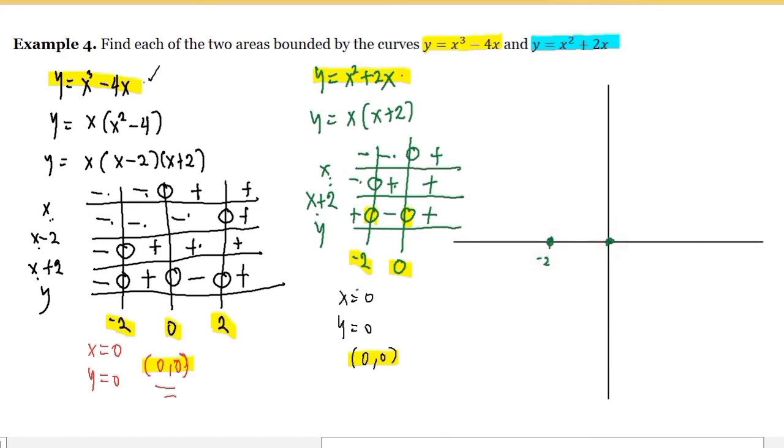Tapos, dumaan din siya sa 2, 0. No? Dito. Ngayon, negative siya dito. Negative siya beyond negative 2. No? So, paglampas natin daw ng negative 2, siya ay negative. Yan. Ngayon, in between the negative 2 and the 0, siya naman ay positive. No? Positive daw siya dito sa pagitan.